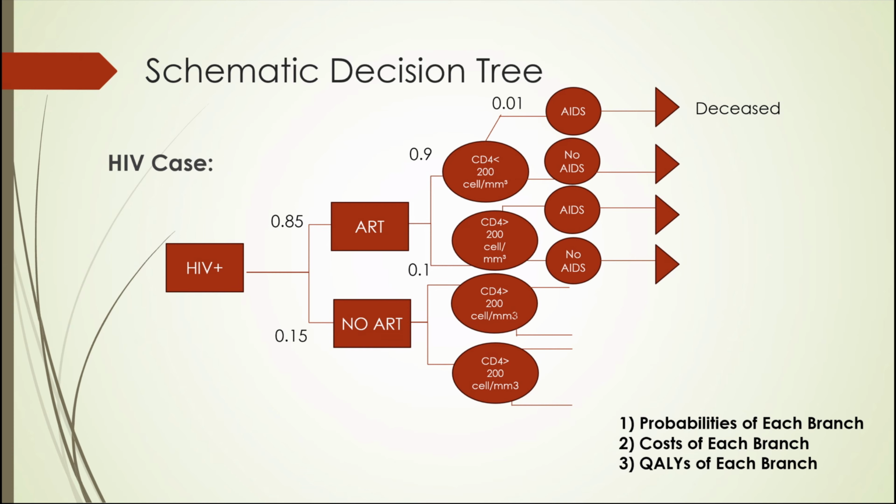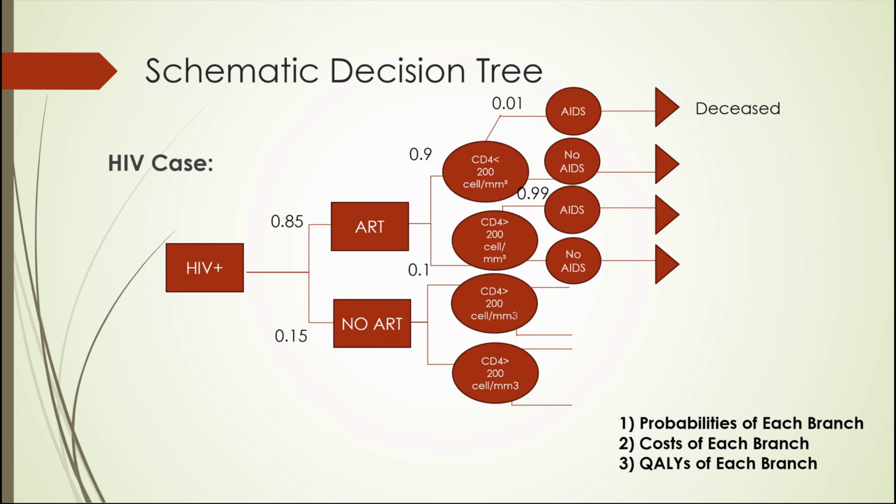So the next step would be whether a person who is virally suppressed is going to progress into the AIDS compartment, which is usually not the case. There is a very slight chance that the patients, even though they are taking ART, go into the AIDS compartment, but in 99% of the time, the patients don't even go to that AIDS compartment, and they don't have to deal with all those complications that people who have AIDS have.